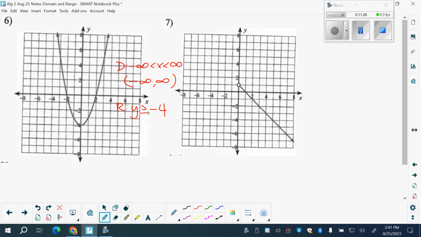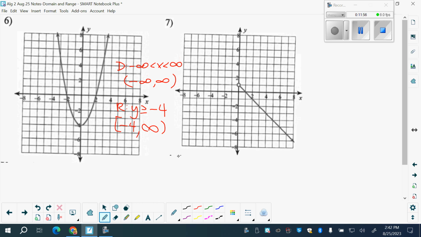And then what would this be in interval notation? Shireen? Good. And what about parentheses and brackets? Good.